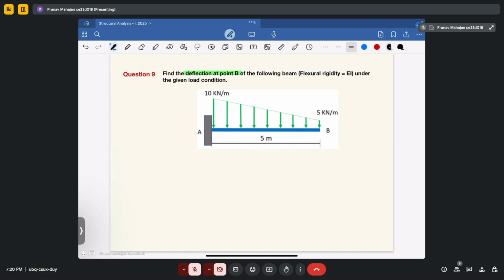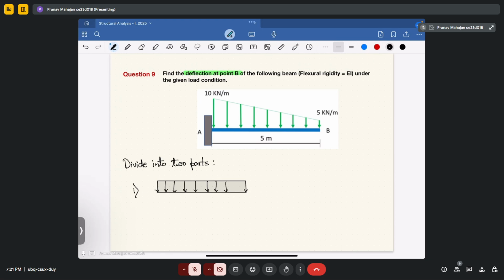So this beam, you can divide it into two parts. Your first part will be a uniformly distributed beam.